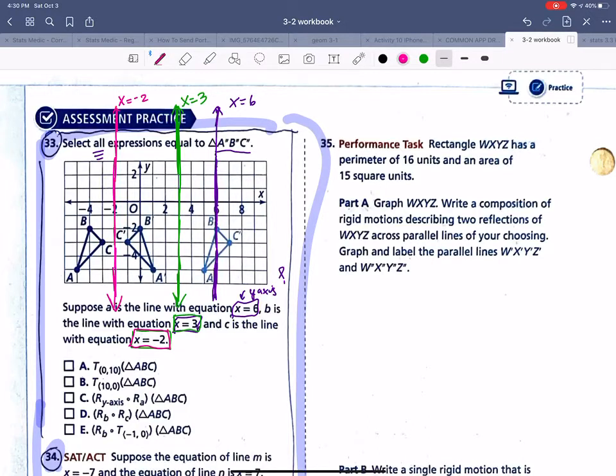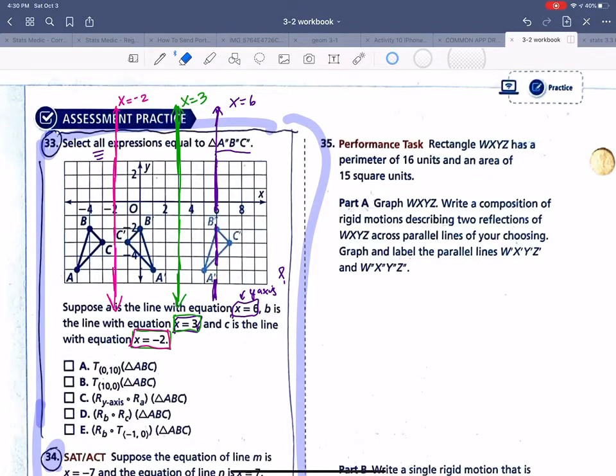Now it says select all expressions that are equal to A double prime. If I look here, this last picture, I almost drew over it.